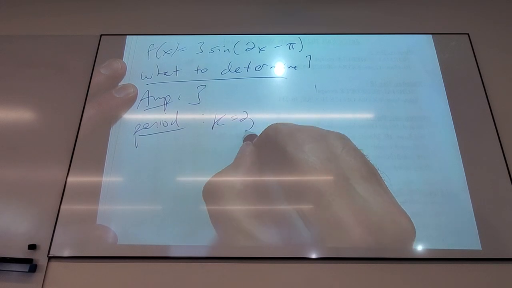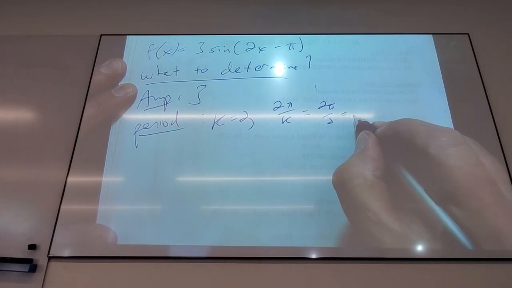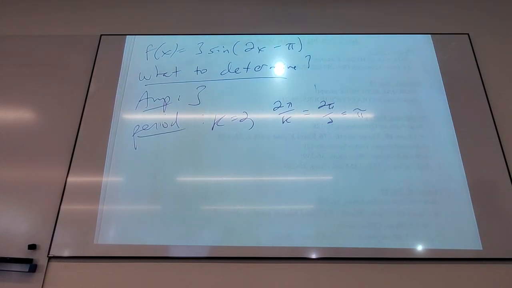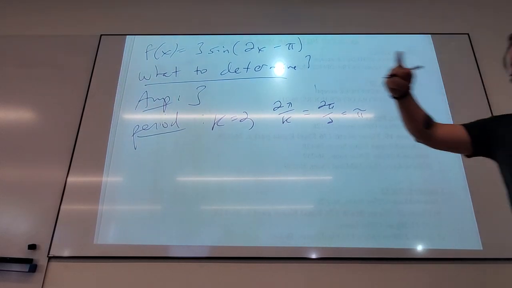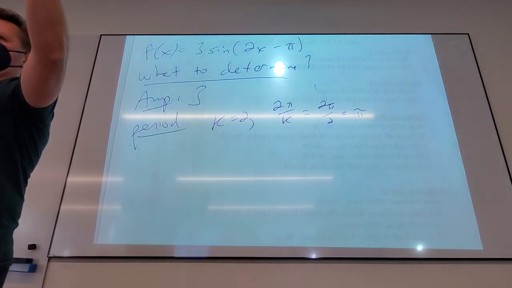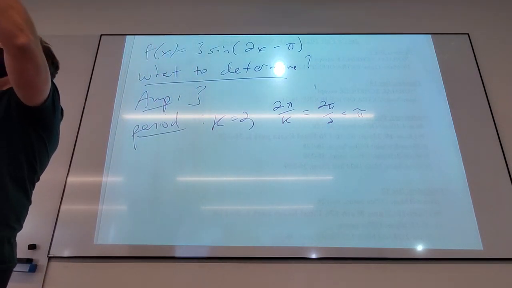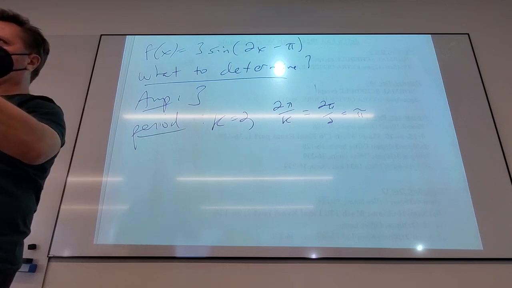K is 2. New period is 2 pi over k. So sine normally takes 2 pi to do all its stuff, and then it repeats. This one is going to take just pi to do all its stuff.